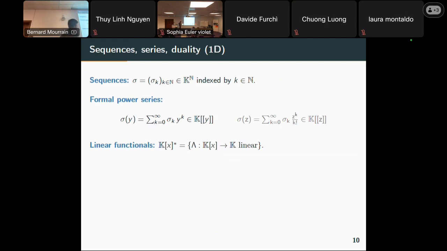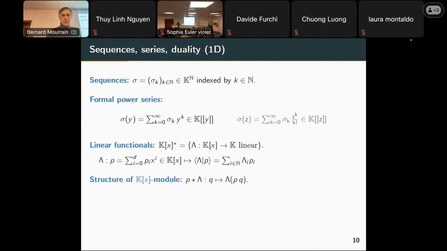So we have now our linear functionals on polynomials. Here, K[x] is the ring of polynomials in the variable x with coefficients in K, and these are the linear maps from K[x] to K, the dual.